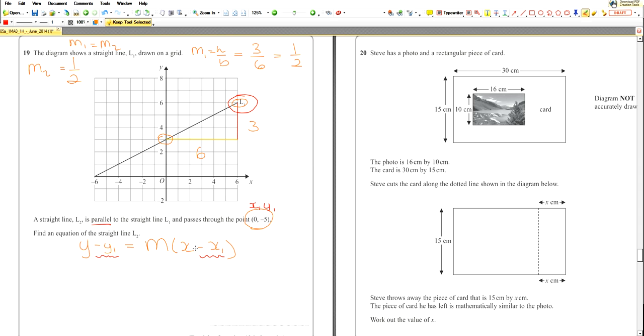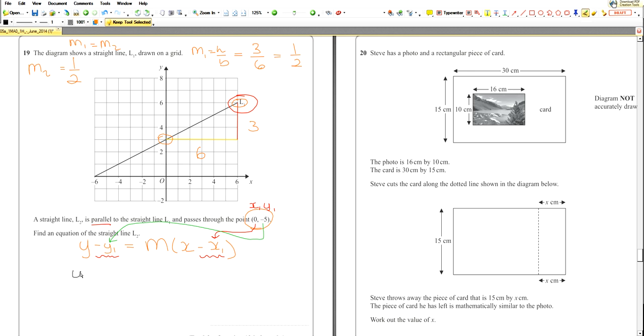The big y and big x we leave as they are, with no substitution. The 0 goes into x1 and the -5 goes into y1. Are we happy with that, folks? Good. Let's do that now.